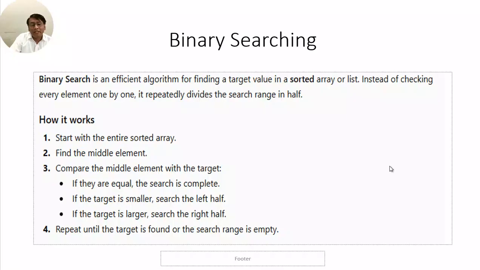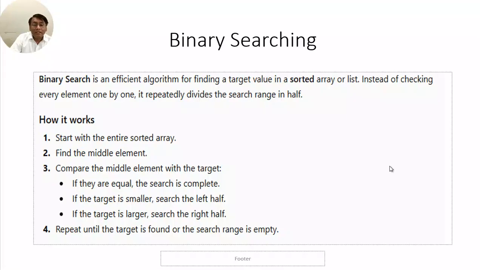Here we have three cases. If the middle element is equal to the search element, then the search is completed, meaning we have found the element. But if the middle element is not equal to the search key, then we have two cases.